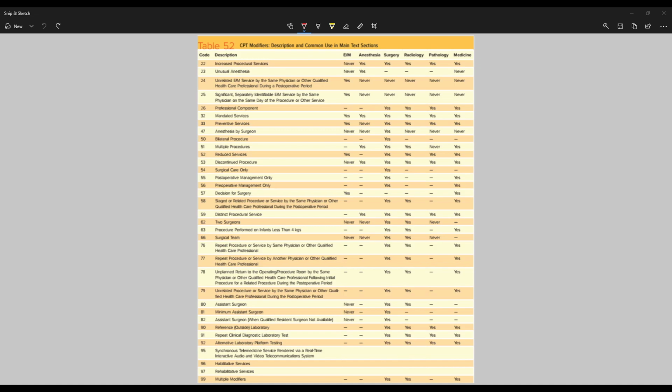That biopsy code would utilize 59, okay? Because again, this is an unrelated procedure. That biopsy is completely unrelated to the other removals, because as part of the global package, an excision of a skin lesion typically will include the biopsy of said lesion.